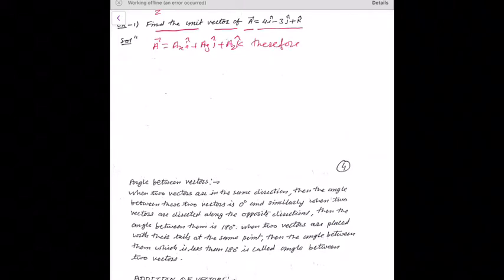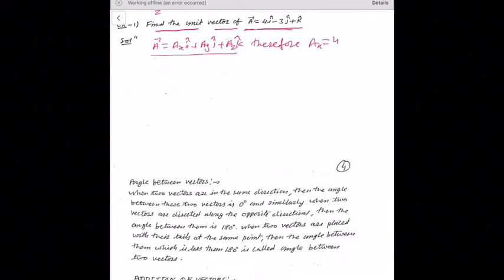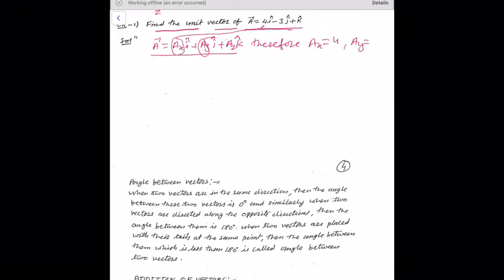Compare both equations. Therefore ax is equal to 4, ay is minus 3, and az is 1.